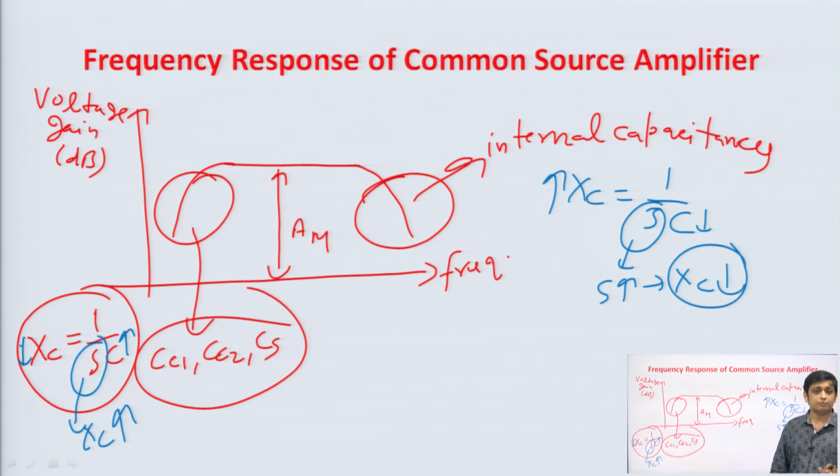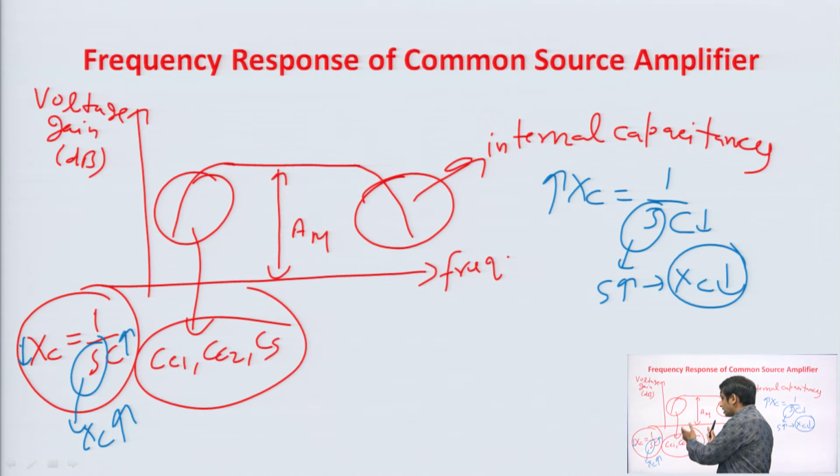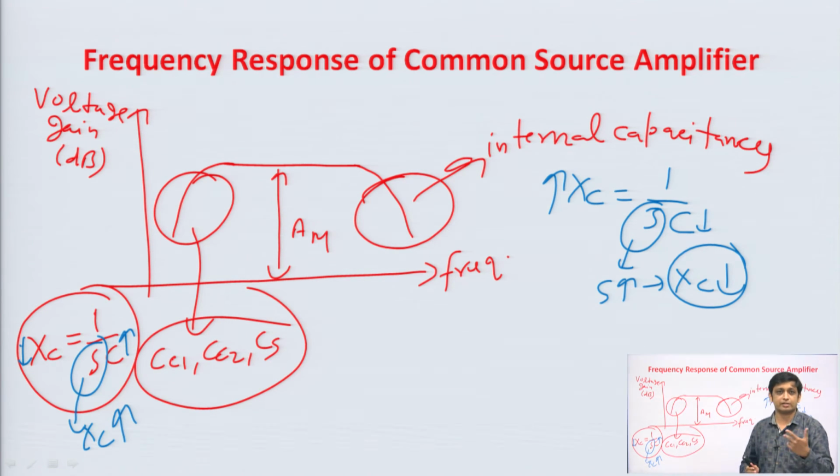Now they will play a role, and the role is that at high frequencies, due to these internal capacitances, the gain is reduced. So, the conclusion is that at low frequencies, since the coupling capacitances no longer act as a short circuit, the gain is reduced, and at high frequencies, since the internal capacitances no longer behave as an open circuit, the gain is reduced.